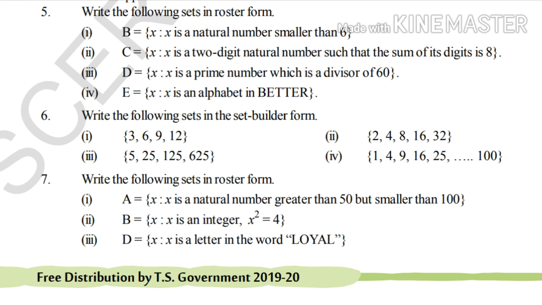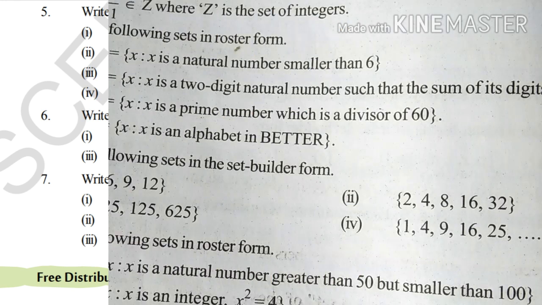When you are given a word, the alphabets may be present 2 times or 3 times, but we consider only one time while writing the elements of the word. Here e and t are present in the word 2 times, but we have to take only a single time. Understood? So next, the answer.